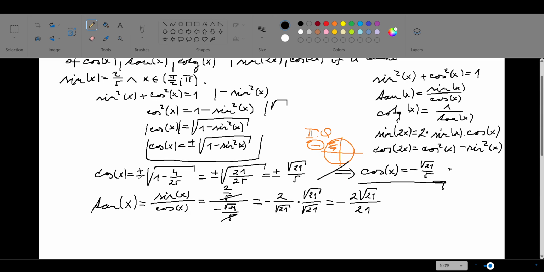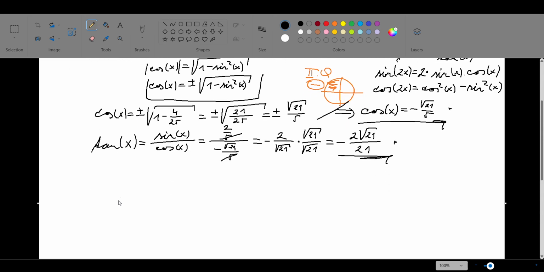So our tangent of x is equal to negative 2 times square root of 21 over 21. The next thing you can calculate very easily is the value of cotangent of x, which is given by the reciprocal identity: it is equal to 1 over tangent of x, which means 1 over negative 2 times square root of 21 over 21.